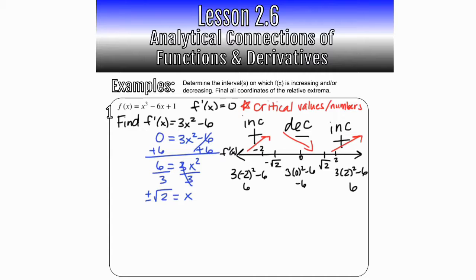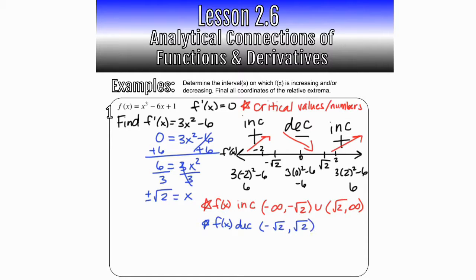So some things I want to note here is that f of x is increasing from negative infinity up to the negative square root of 2, unioned with the square root of 2 up to positive infinity. The next thing I want to note is that f of x is decreasing from negative square root of 2 to the positive square root of 2.